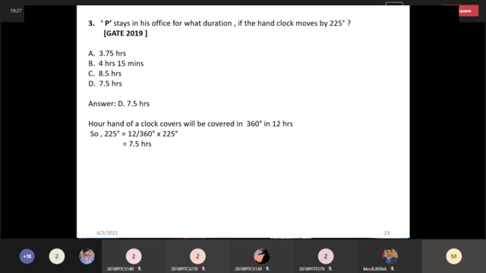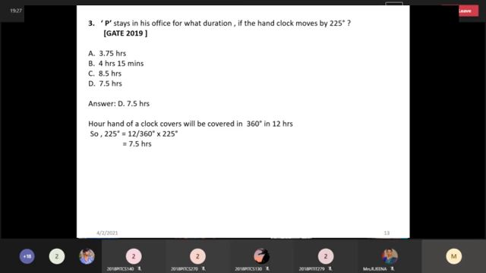The hour hand of a clock covers 360 degree in 12 hours. So we have to find out how much time passes if the hand of the clock moves by 225 degree. So 225 degree is equal to 12 divided by 360 degree into 225 degree, that is equal to 7.5 hours.